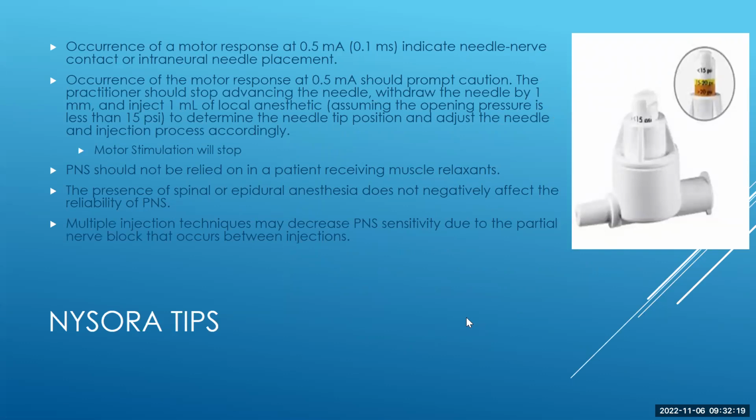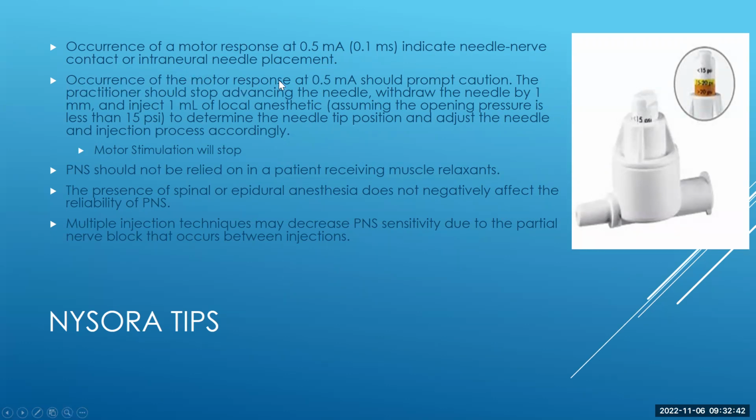The occurrence of a motor response at 0.5 mA at 0.1 milliseconds indicates nerve contact or intraneural placement. Again, that's why we dial down further to verify whether it's in the nerve, which is not desired and could cause nerve damage.